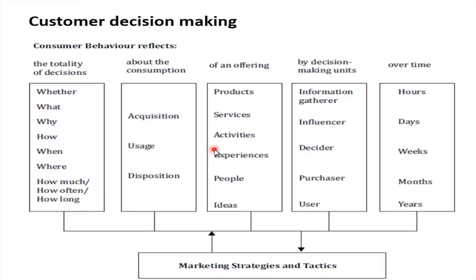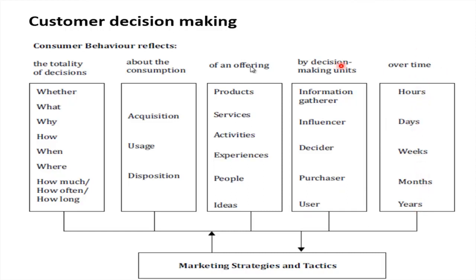These are simple examples that you can read and understand also, but I will be reading this. About the consumption, acquisition, how much acquisition, usage, disposition, offering products, services, activities, experience, people, ideas. By decision making unit: information gatherer, influencer, decider, purchaser, user, over time: hours, days, weeks, months, years.